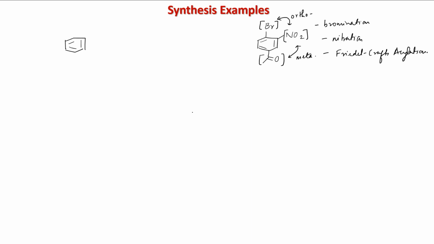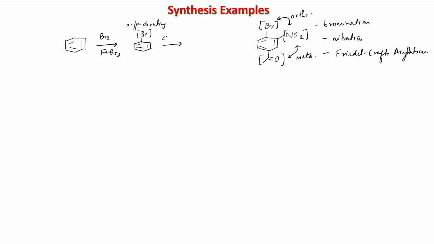So let's try out the various possibilities here. Let's start with a bromination first. If we do a bromination on benzene, it is going to yield bromobenzene, where the bromo substituent is ortho-para directing. So let's try the Friedel-Crafts acylation.